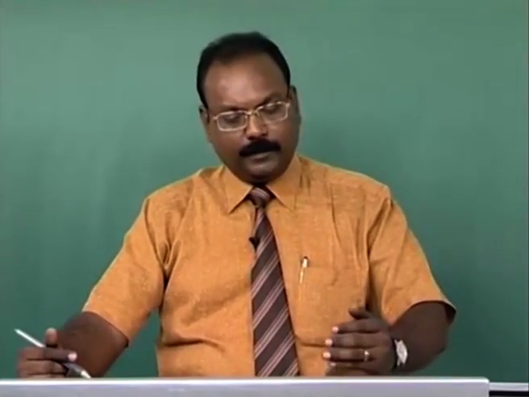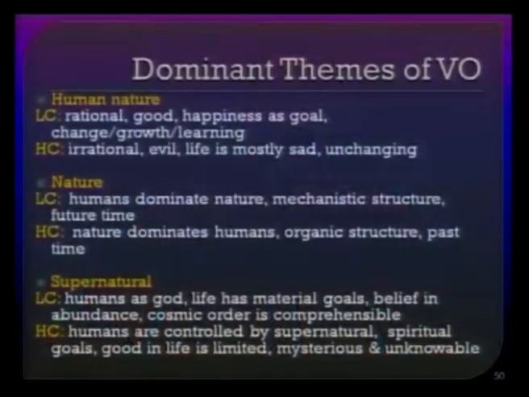Now, finally, the supernatural aspect of this, and then how the dominant themes are related to this in terms of low context and high context culture. In terms of low context culture, with regard to the supernatural, humans are treated as God, that is, the human being has all the potentialities of a God to control, govern and organize his life as well as to pattern the environment.